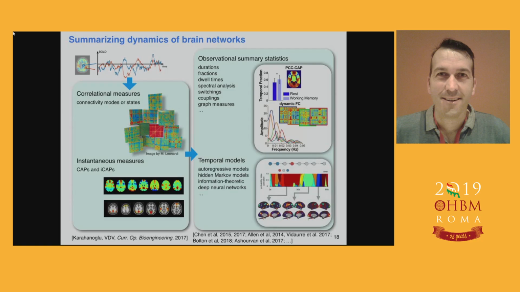But you can also try to go to more advanced temporal models, which will try to capture how the sequence can be modeled and understood. And these models might also be generative, which is, of course, really interesting to go further.